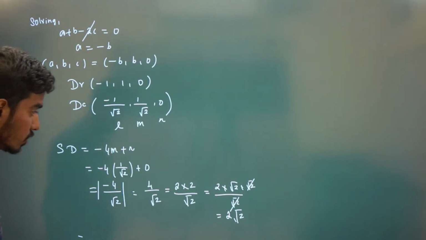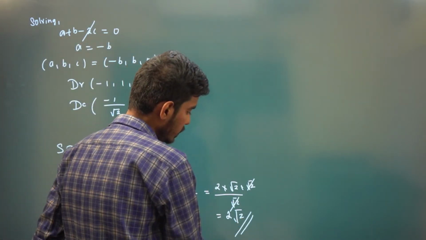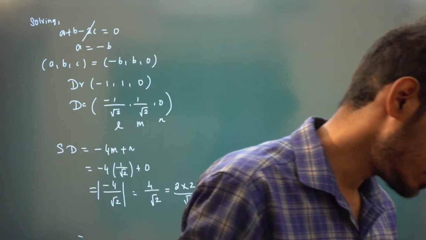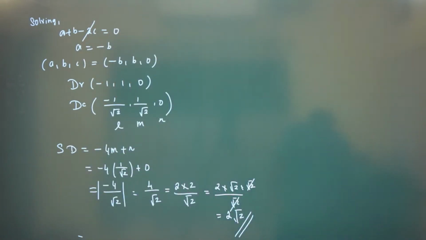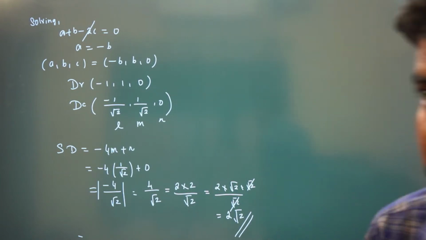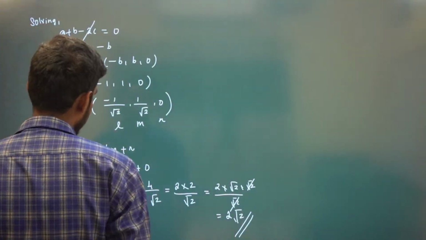Is it clear? 2 root 2 is the shortest distance. They haven't asked you to find the equation of line PQ. Even if they did, you can find that in general form using the previous concepts, right?